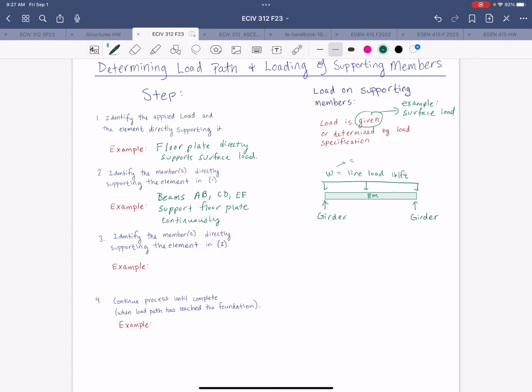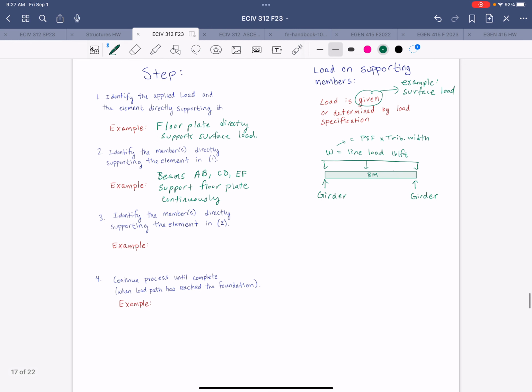I'll say this is equal to surface load times the tributary width. All right, and then you continue with this process until you reach the foundation. So the next level would be the girders AE and BF.